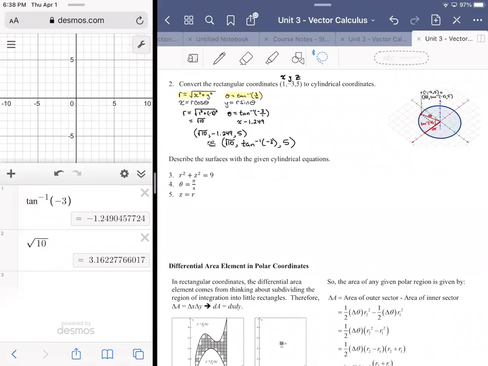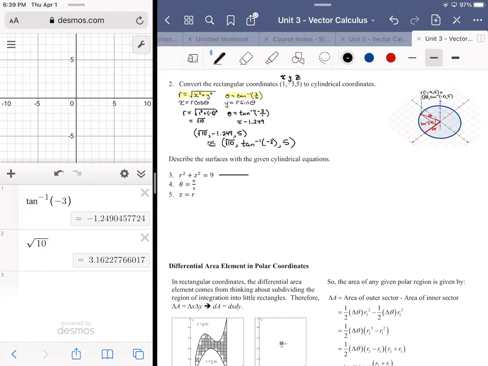But what we want to do is graduate to different types of functions. We don't want to just work with points. So here in numbers 3, 4, and 5, we're looking at some basic three-dimensional equations that have polar aspects to them. You see, for example, r squared plus z squared is equal to 9.